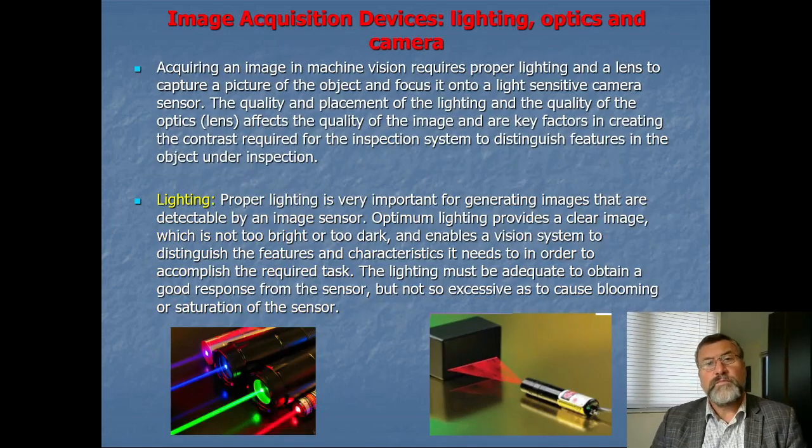Now, the lighting, optics, and camera, of course, is very critical, as it says here. You can just read this through. But to be honest, there were very many ways of lighting a scene a few years ago. But the one that's taken over from all of it is LEDs and solid-state devices. And of course, nowadays, lasers are also solid-state devices.